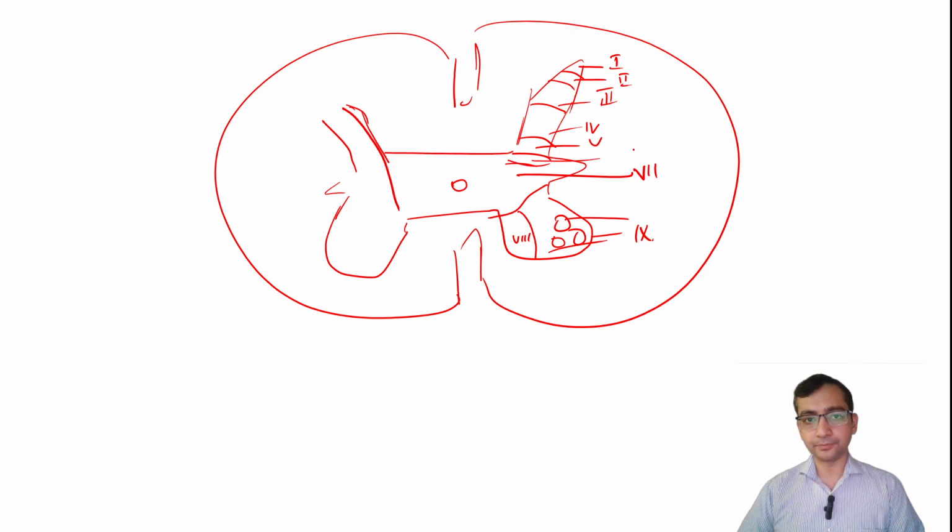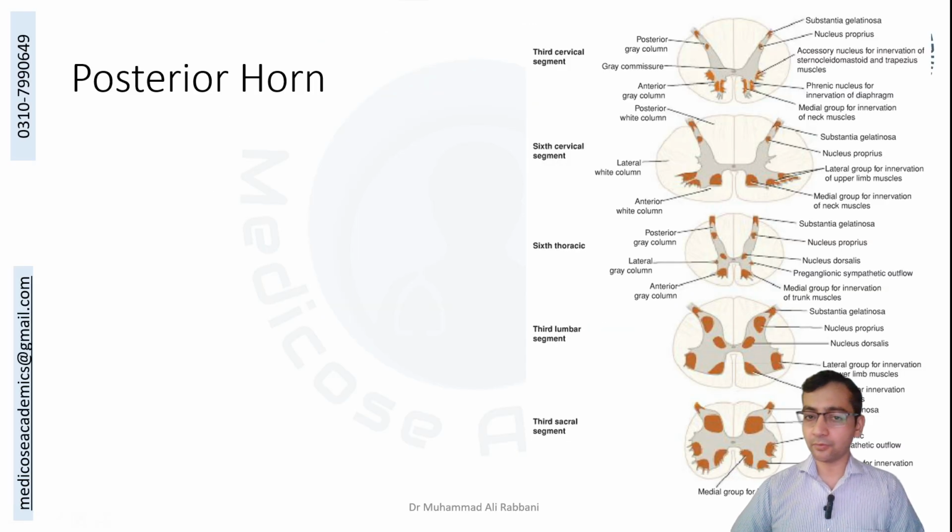Six is somewhere here. I don't want to go into the detail for this particular topic, but I want you to have an idea that when you are reading about Rexed laminae, the initial ones, 1 to 6, are more majorly concerned with the dorsal root or the sensory root.